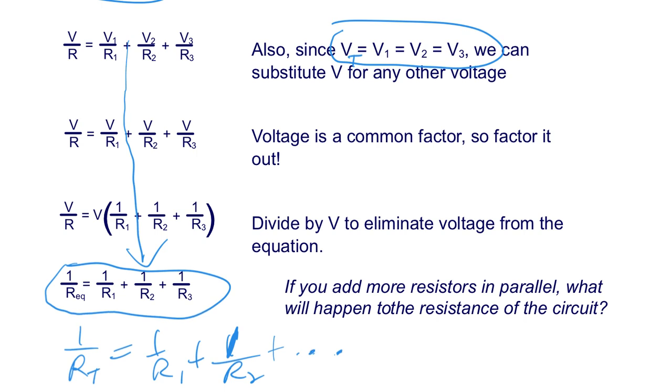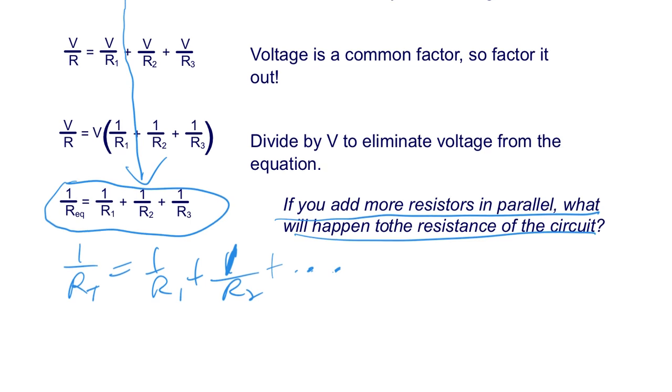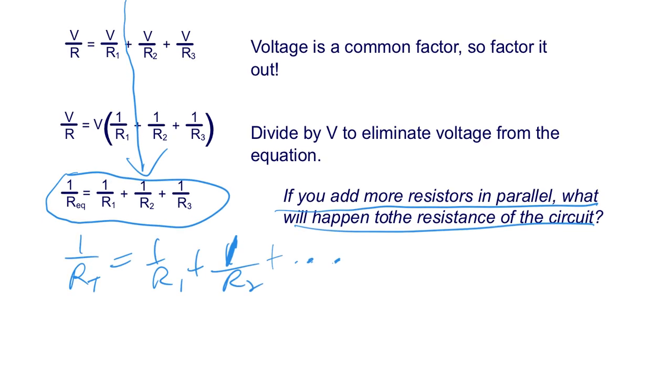Okay, so they're asking an important question. If you add more resistors in parallel, what will happen to the total resistance of the circuit? It decreases. Now, you can just plug in numbers for yourself and see if that's true.